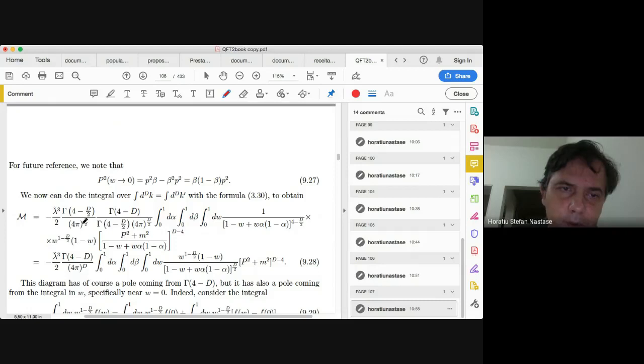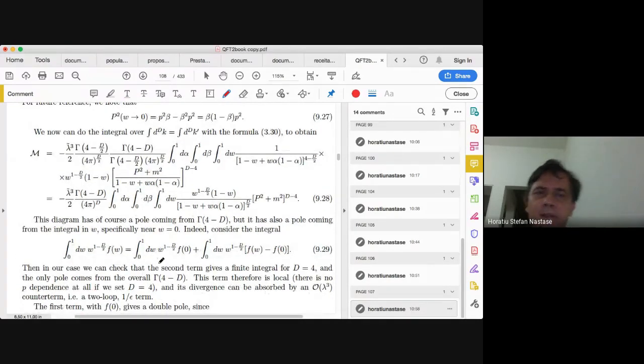Right. So this is the form. I just simplified. I mean, I just wrote this on top of this thing, and the denominator here is the same as the denominator here. So I rewrote this in this simpler form. But it's still an integral over 3 parameters, alpha, beta, and w.